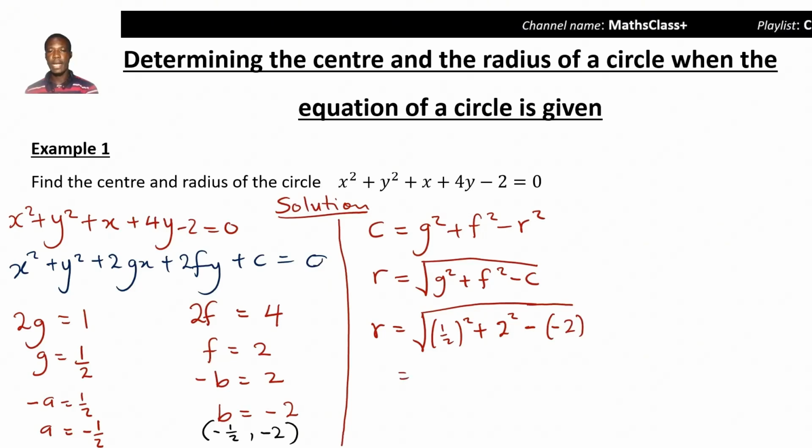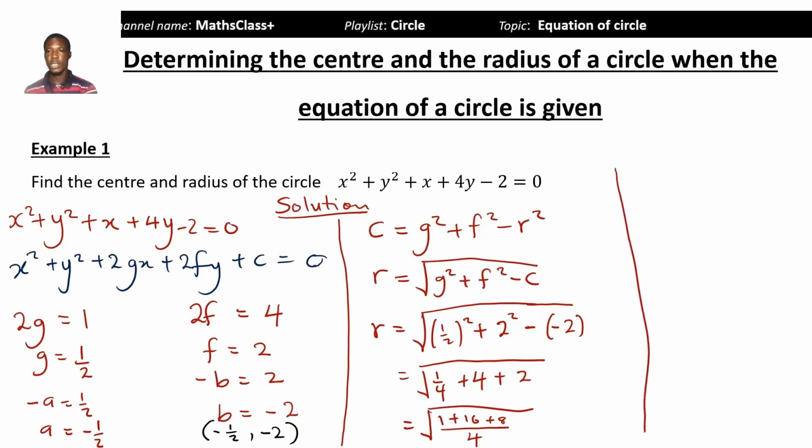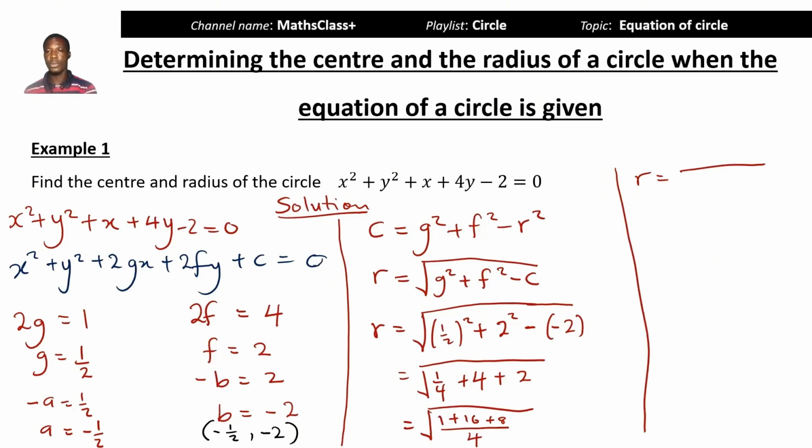Okay, so we simplify that and we will have 1 over 4 plus 4 plus 2. And this gives us 1 plus 16 plus 8 over 4, which is equal to the square root of 25 over 4.